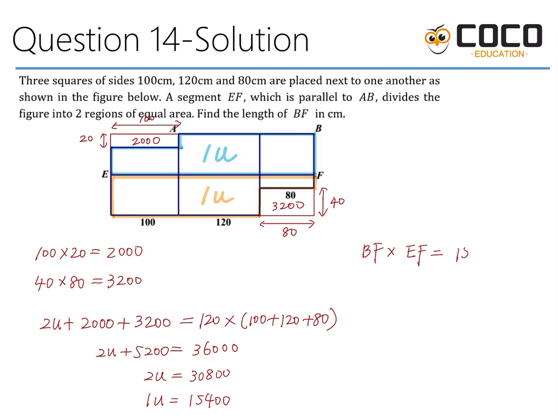So 15400 plus 2000. Now EF, we already worked out that the value is 300. So BF times 300 equals 17400. Divided by 300, BF is 58.